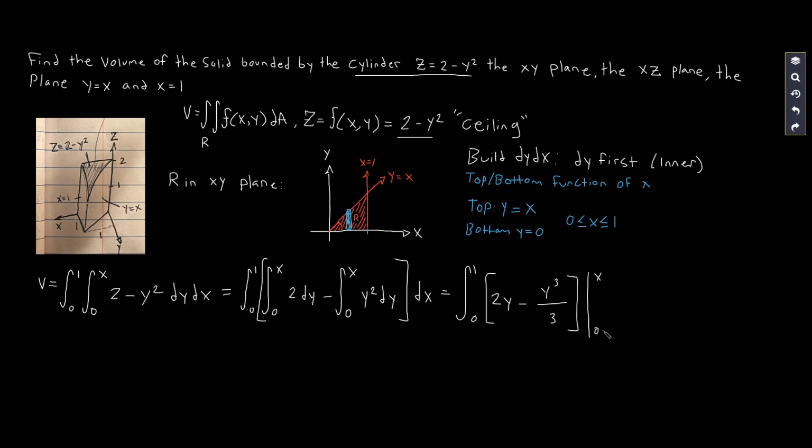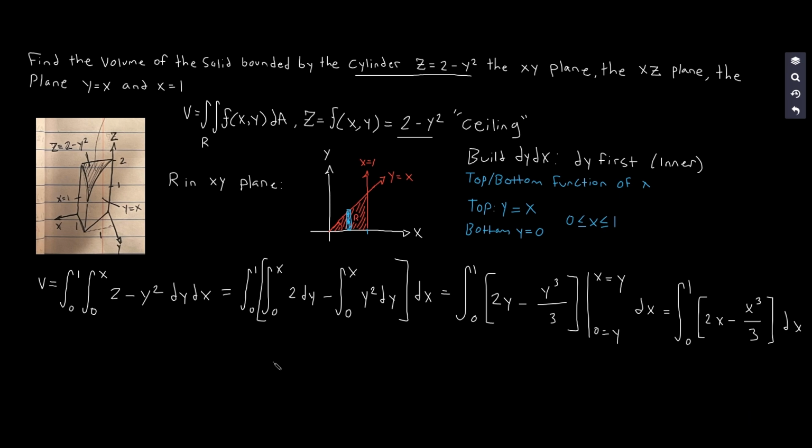And then the bounds, these are the y bounds, so y goes from 0 to x. And then this is going to equal the integral from 0 to 1 of 2x minus x cubed over 3, integration with respect to x.